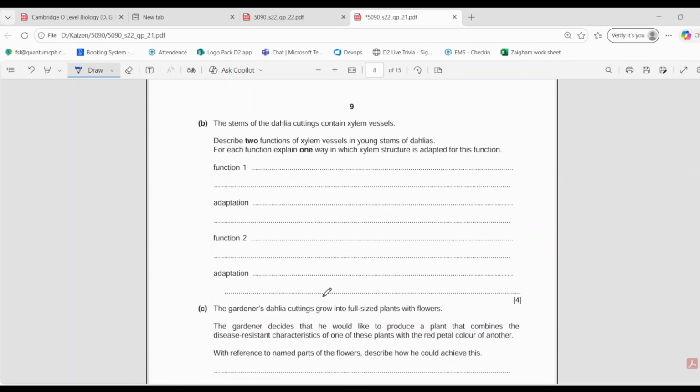Okay. The stem of the dahlia cutting contains xylem vessels. Describe two functions of xylem vessels in young leaf stems of dahlia. And for each function, explain one way in which the xylem structure is adapted for its function. Transport.